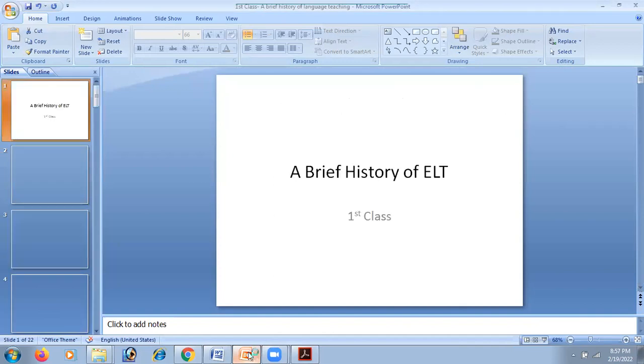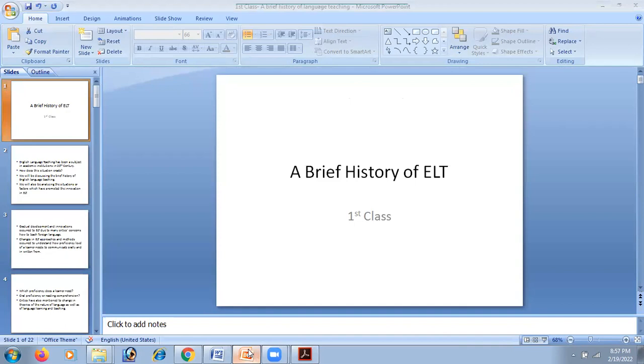Okay, so the title of this slide, brief history of ELT, that means English language teaching. And we had discussed a little bit earlier at the initial stage that English language has been an international language. English language has been a global language. English language has been the foreign language in many countries across the world.